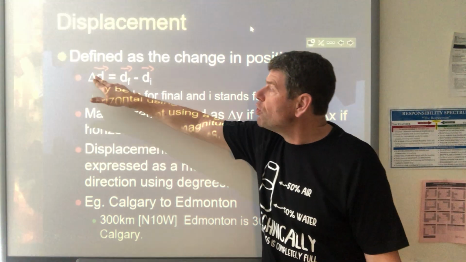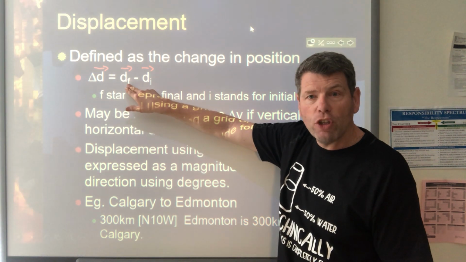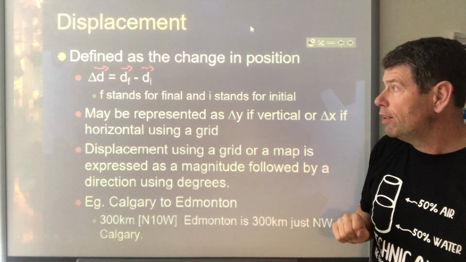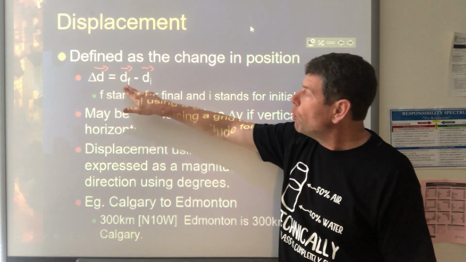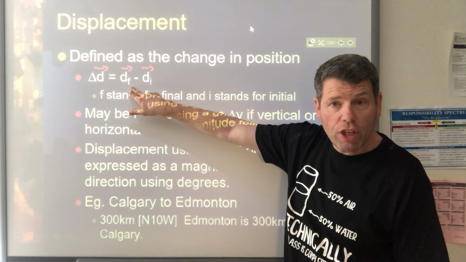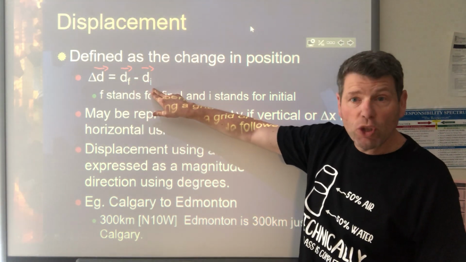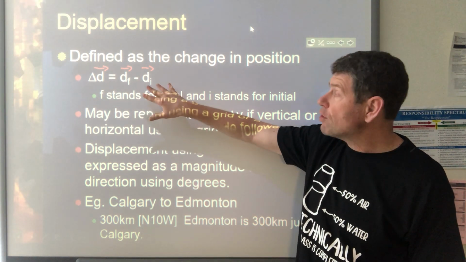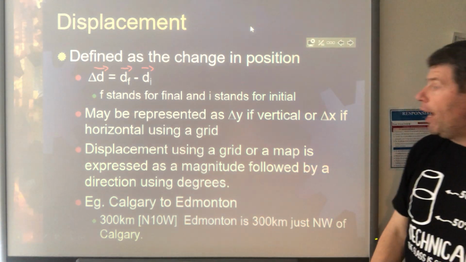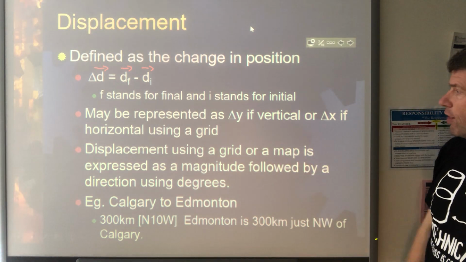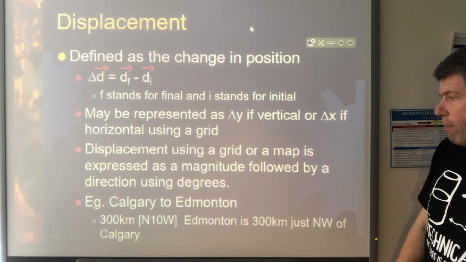And when we use change in physics, it's always going to be the final value minus the initial value. So in this case, when we use this formula to calculate displacement, we need to start with whatever the final position of the object is, or person, minus its initial position. So that's one formula that we can use to calculate displacement. As I said, it could be a vertical axis, and we could be using Y's or X's if we're using a grid or a map.